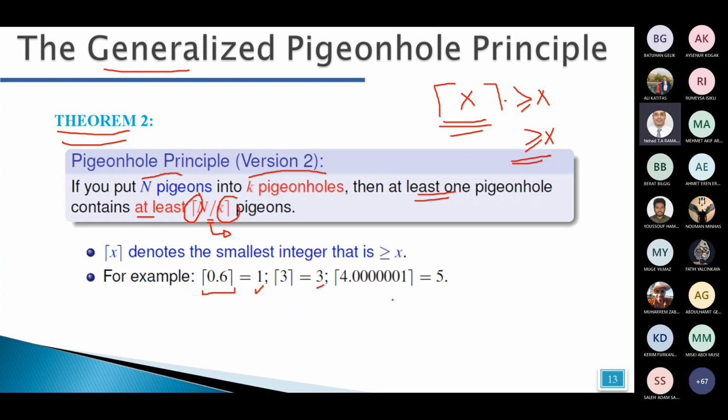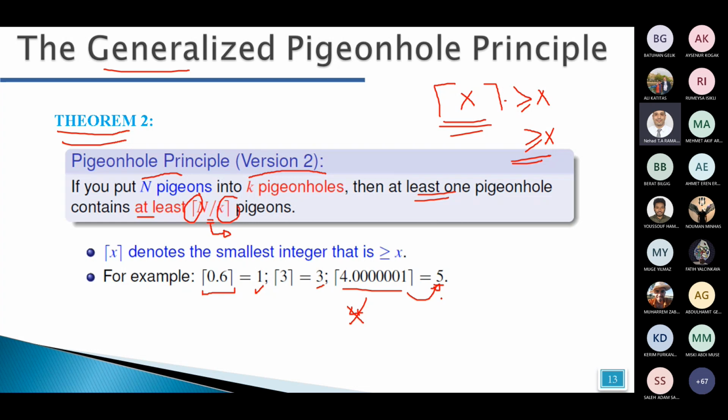For 3, the result is 3. For 4.00001, the first integer more than this is 5. You cannot say 4. No, it's wrong. It's 5. We need the smallest integer greater than or equal to this value.